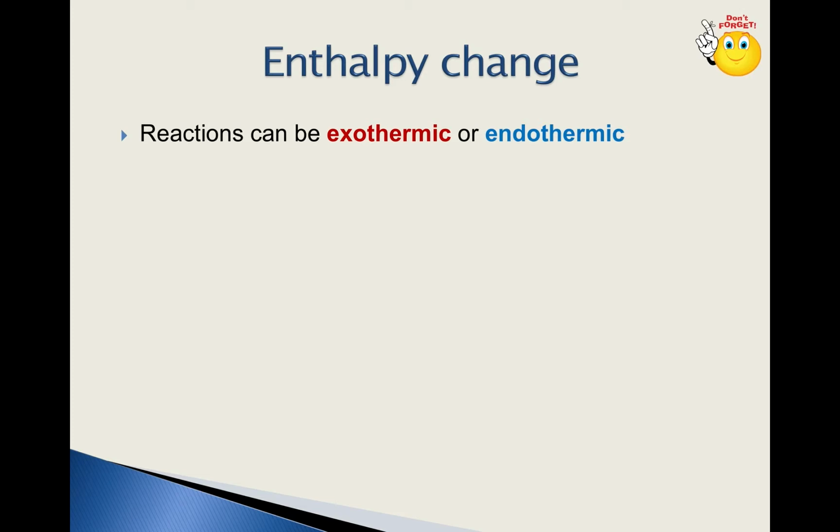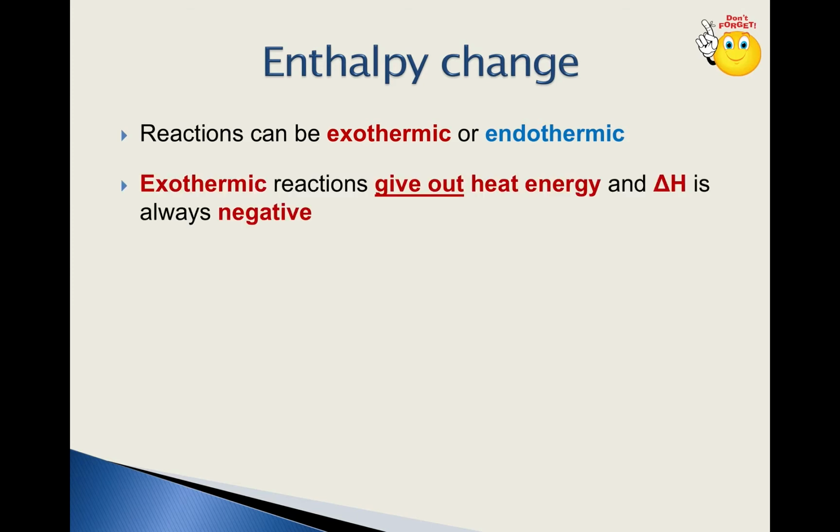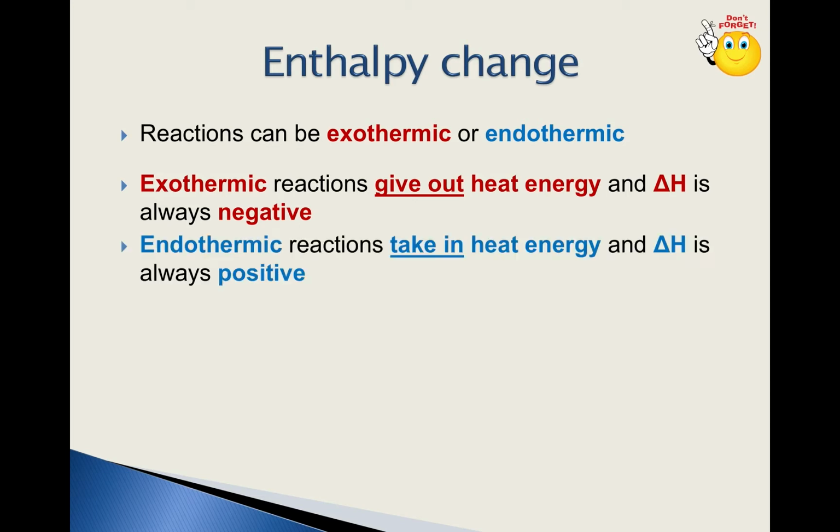And you might also remember from GCSE that an exothermic reaction has a negative enthalpy change, and an endothermic reaction has a positive enthalpy change. So exothermic reactions give out heat energy, and delta H, which is the enthalpy change, is always negative. And endothermic reactions take in heat energy, and delta H is always positive.